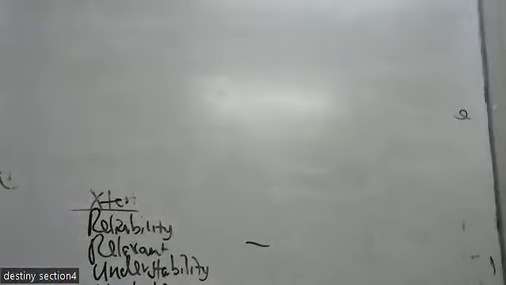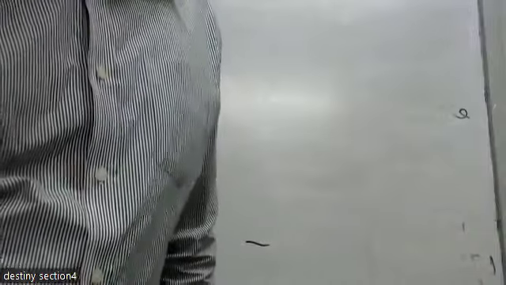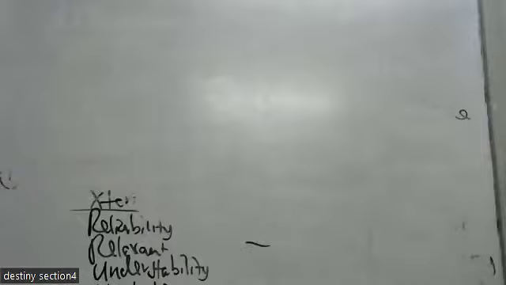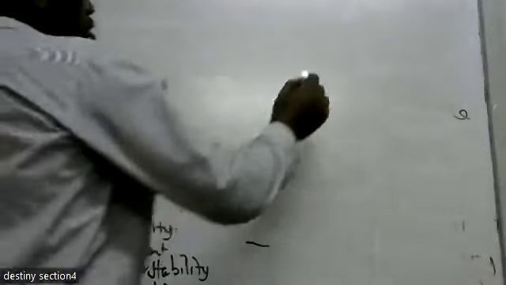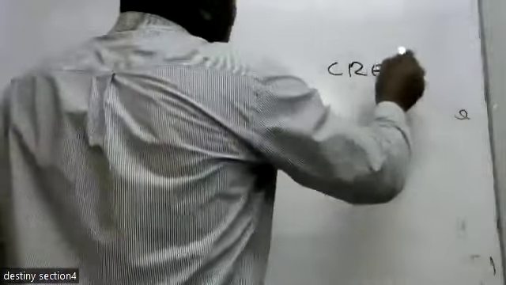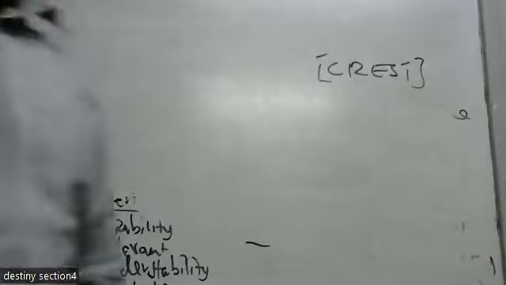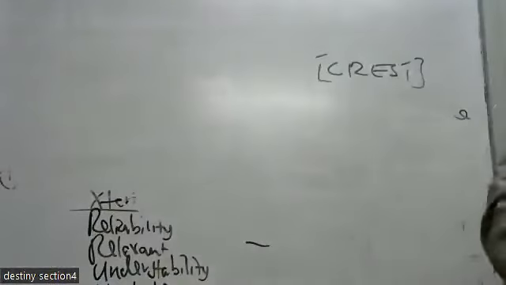All assurance engagements have five basic elements, which we recall with the mnemonic CREST.